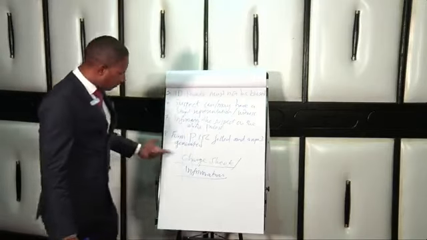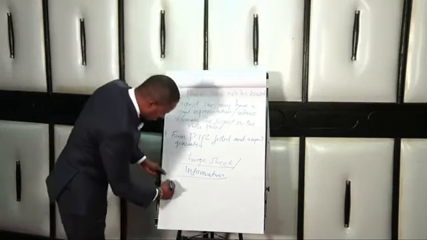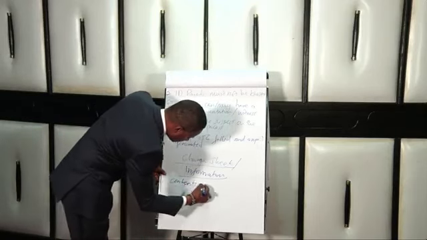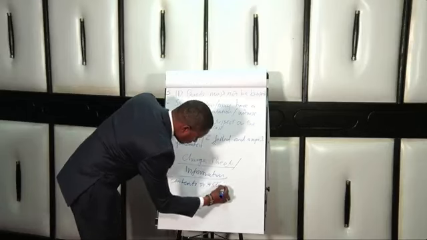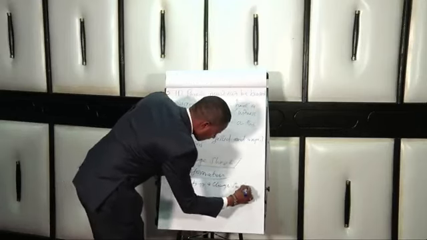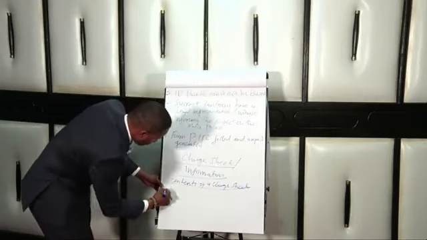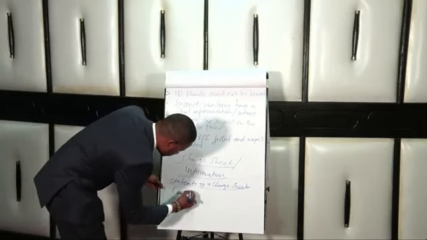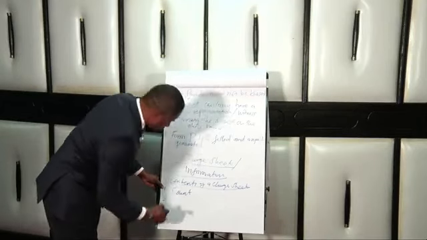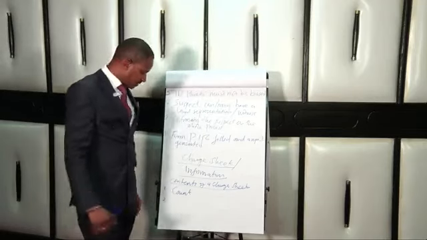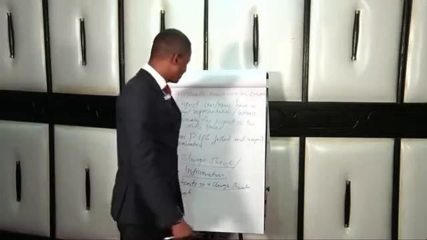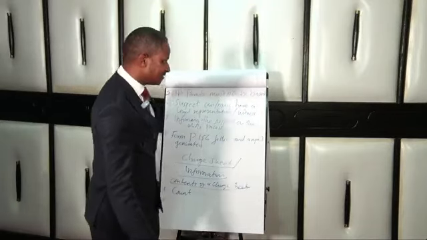What are the contents of a charge sheet? Number one, the charge sheet must have a count. That is what you see if you see a charge sheet, like a person like myself who has been charged severally. I don't even remember how many cases; I've lost count. There's count one.